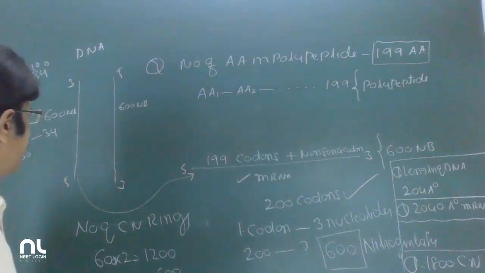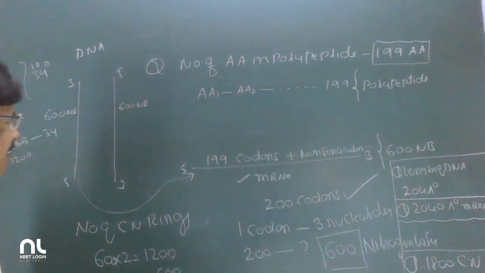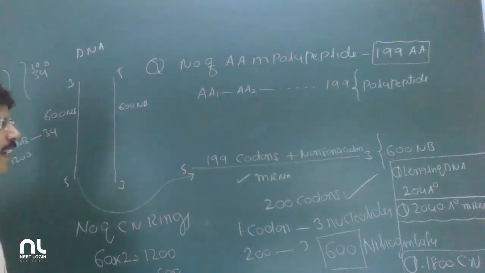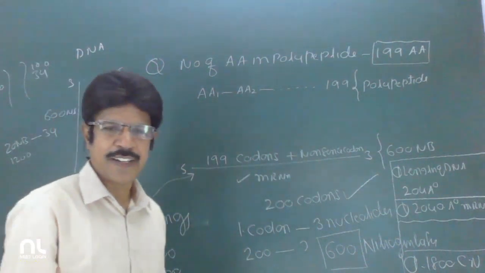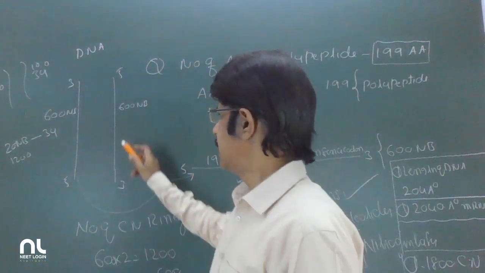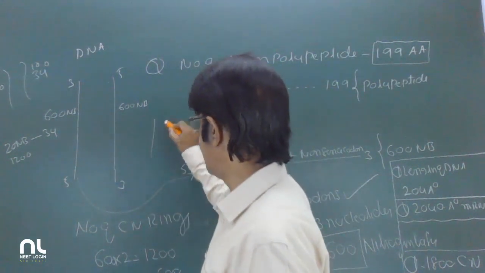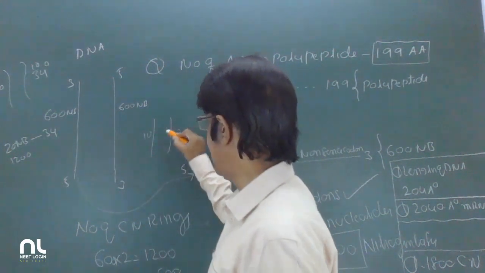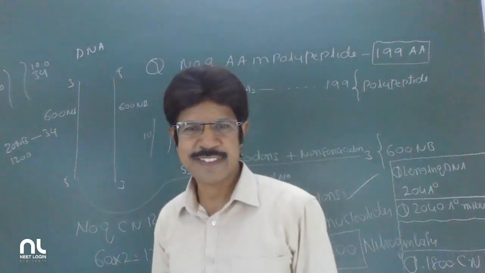For DNA, one spiral has 34 angstroms, having 10 and 10, 20 nitrogen bases.